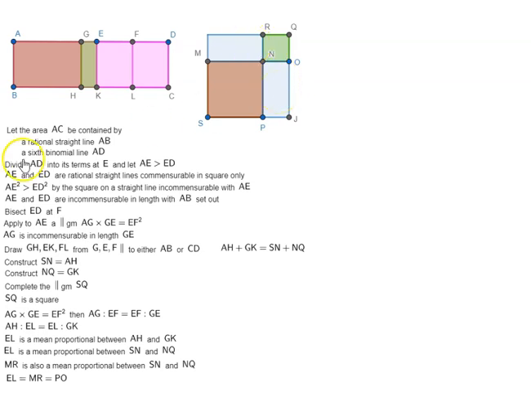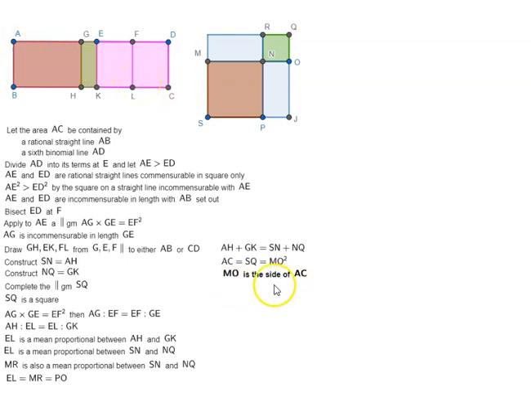Let me put it that way, which means AC, the rectangle area, is equal to the square SQ. And the square SQ can be written as SJ square, or we can also write it as MO square because MO is equal to SJ. So that means MO is the side of AC, or more appropriately, MO is the side of the square whose area is equal to the area of this rectangular area AC.